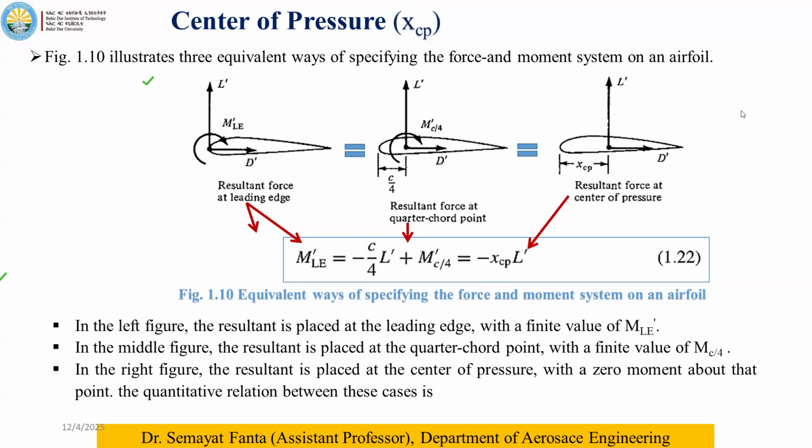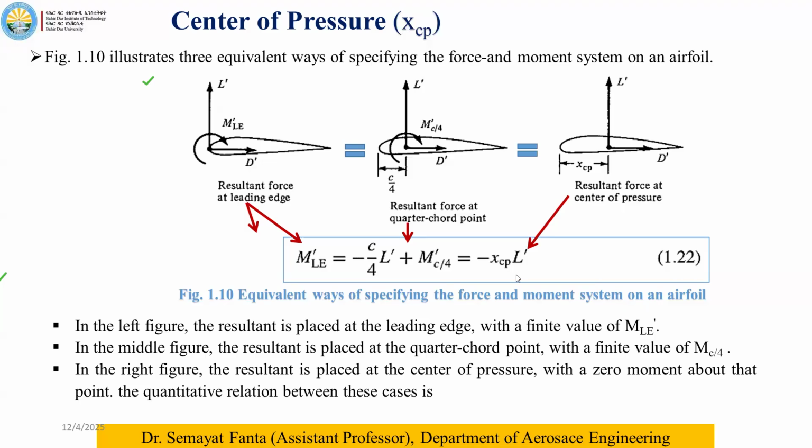Then the third picture tells us that the resultant force L and D are acting at some arbitrary XCP point. Look, this is the XCP point. So minus XCP times L gives the moment about the leading edge. So we have three relations, and we can relate this one with this one.